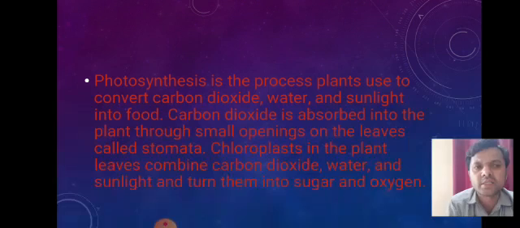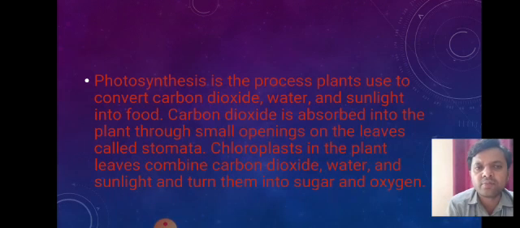Photosynthesis is the process plants use to convert carbon dioxide, water and sunlight into food. What does the plant do? The plant converts carbon dioxide, water and sunlight into food.